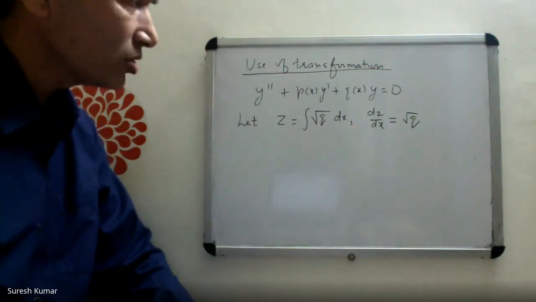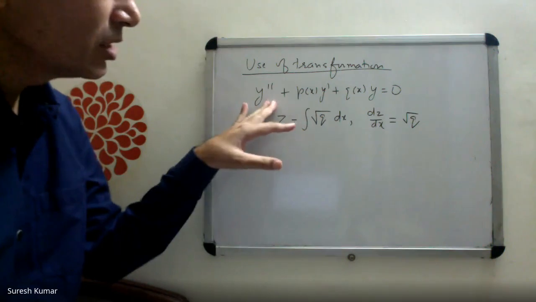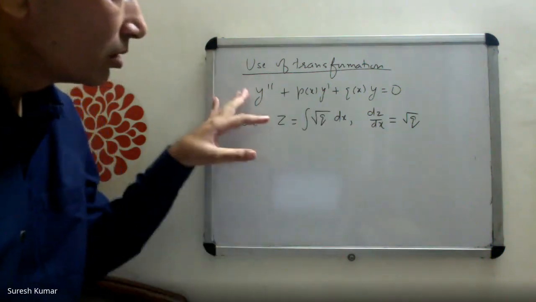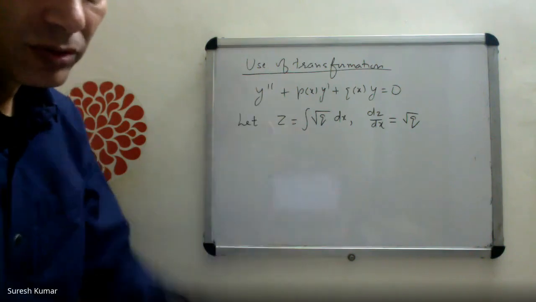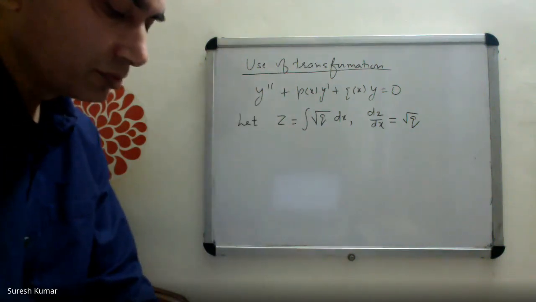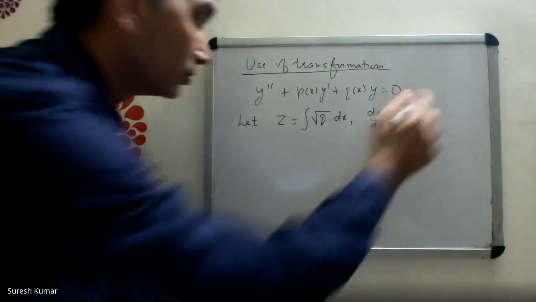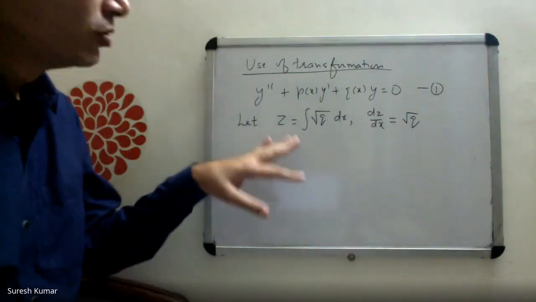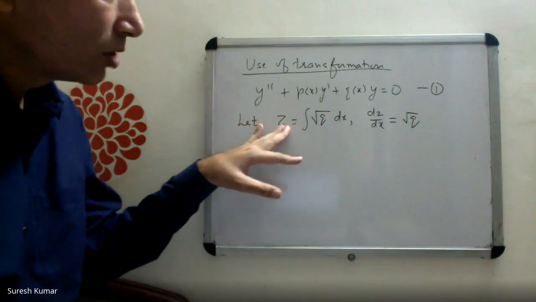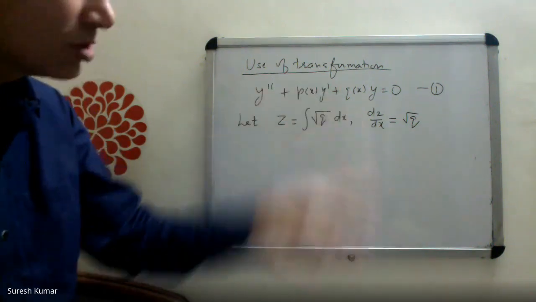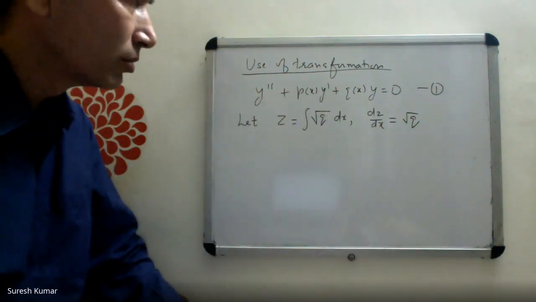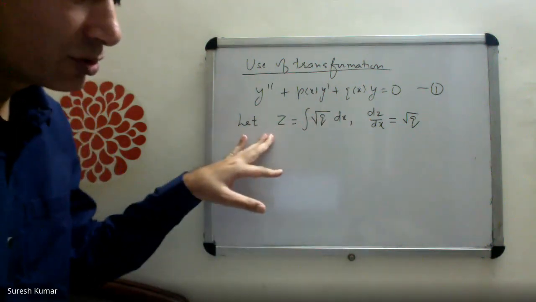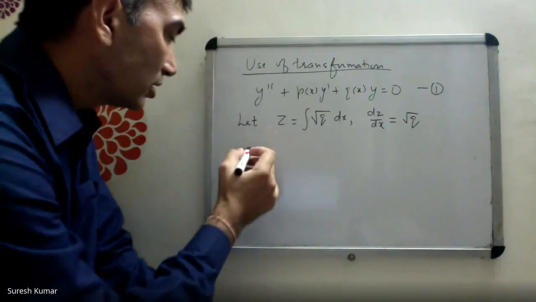Let's use this transformation and see into which differential equation it is transformed. You are using this transformation in this differential equation, so you want to transform x into z. So let's see how to do it.